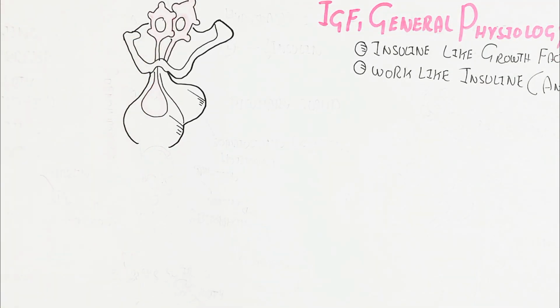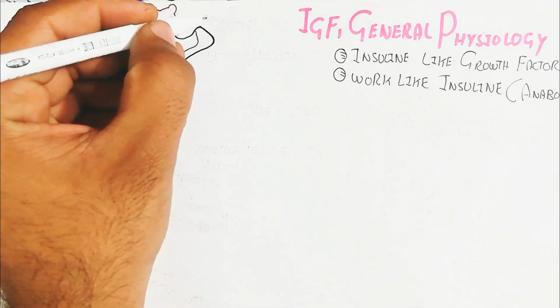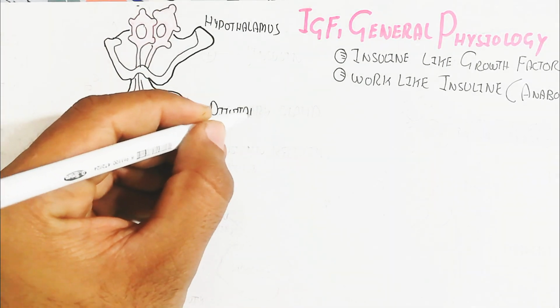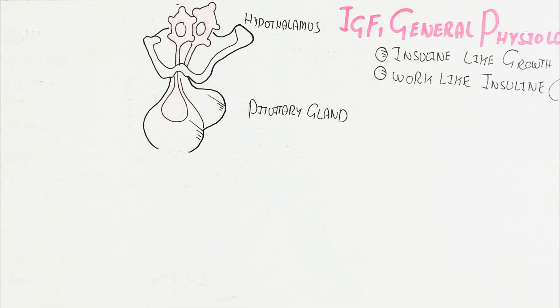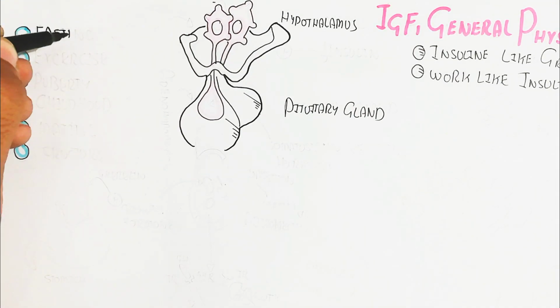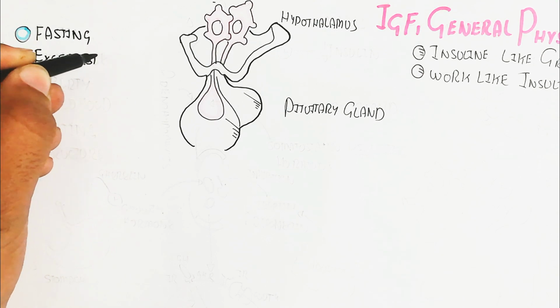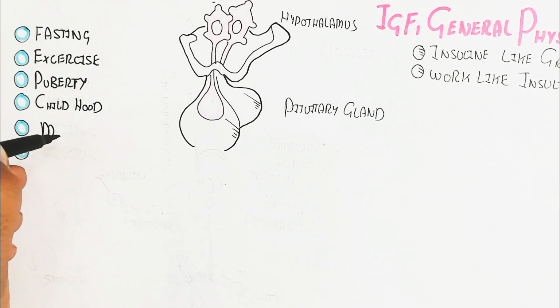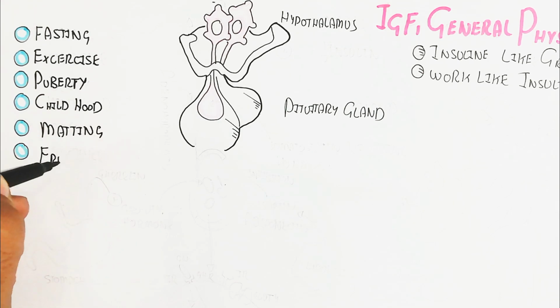IGF-1 is released by different stimuli that target the hypothalamus to stimulate the adenohypophysis of the pituitary gland, like fasting, exercise, puberty, childhood, mating, and fracture of bone.